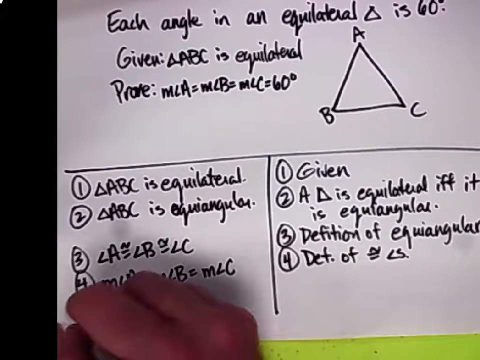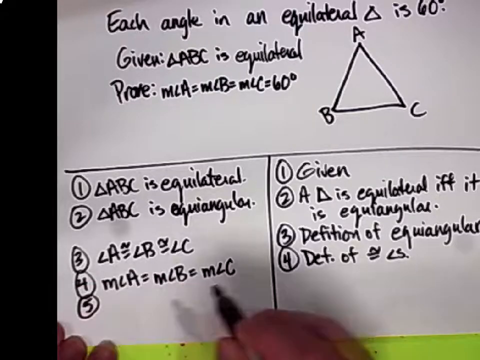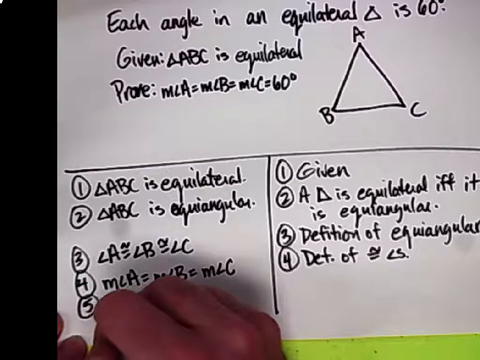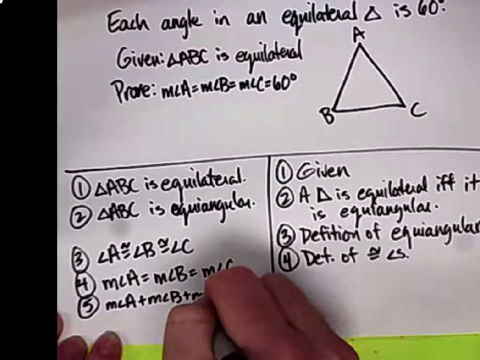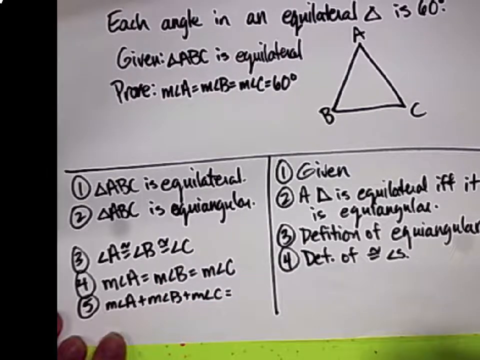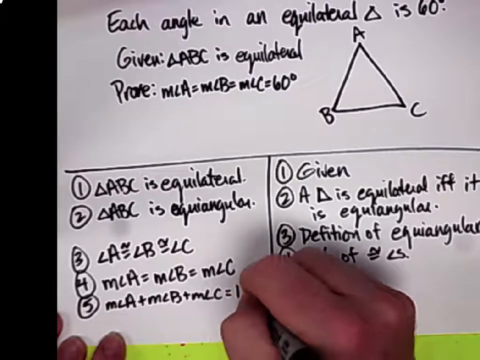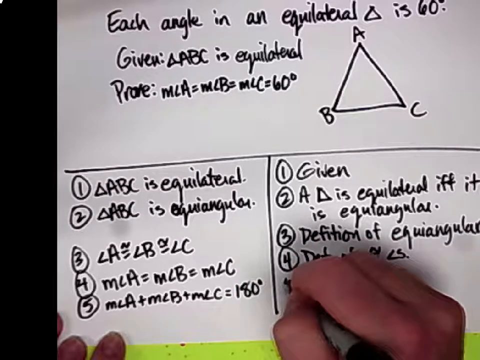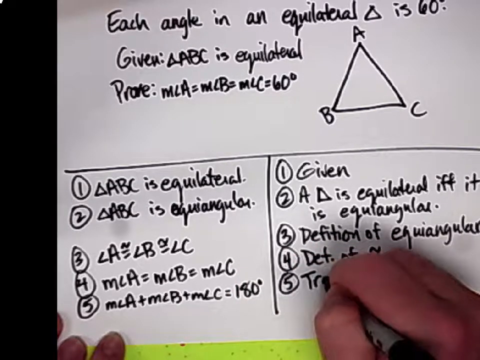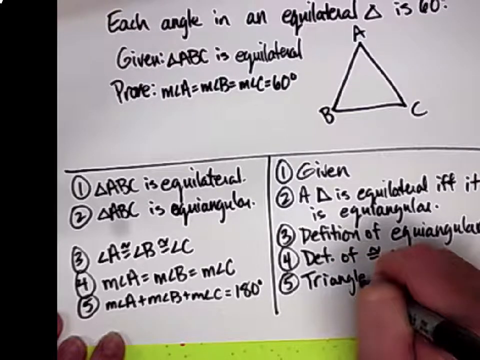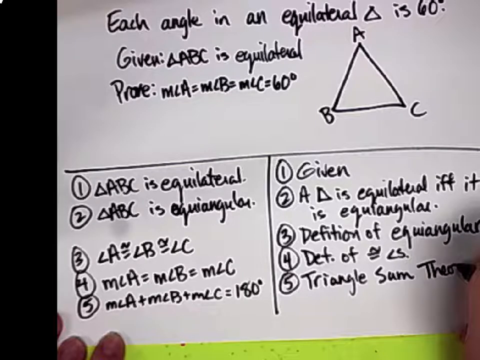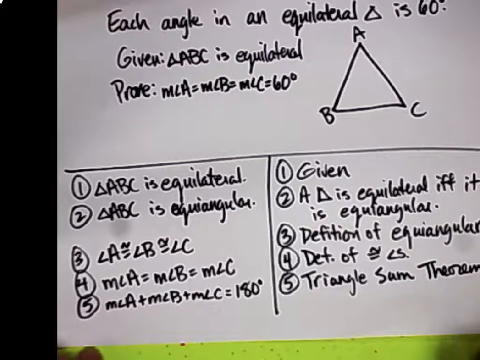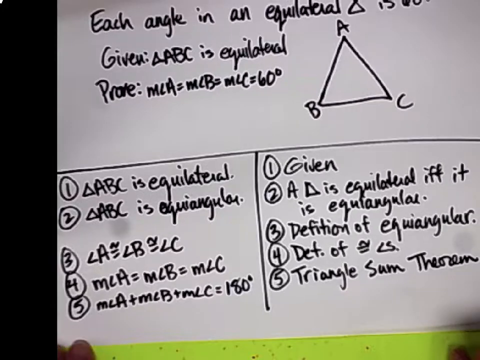Well, we also know that the measure of angle A plus the measure of angle B plus the measure of angle C is what? 180, because the triangle sum theorem.